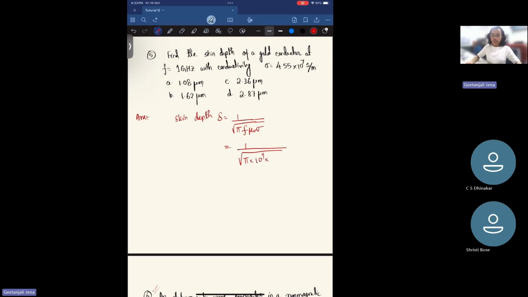Mu naught is 4 pi into 10 to the -7. And sigma is already given. It is 4.55 into 10 to the 7. So approximately we will get 2.36 micrometer. Okay. So answer will be option C.